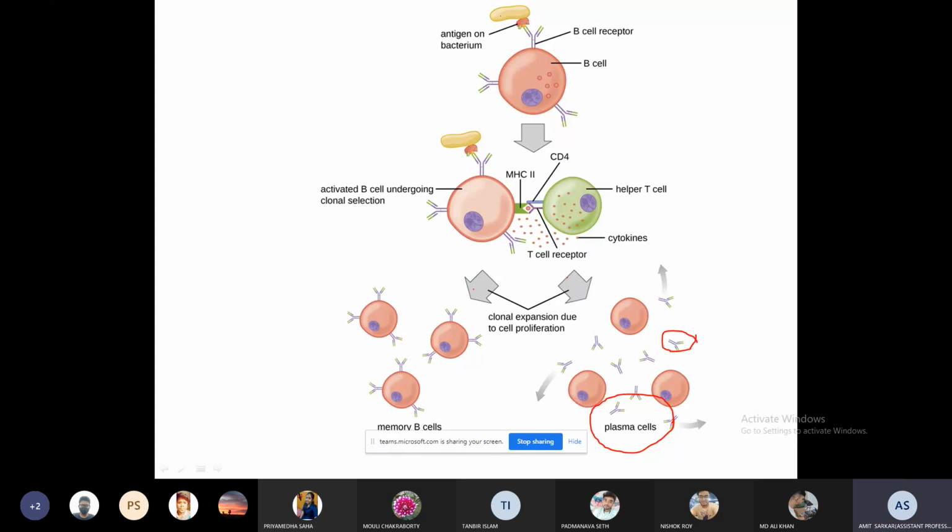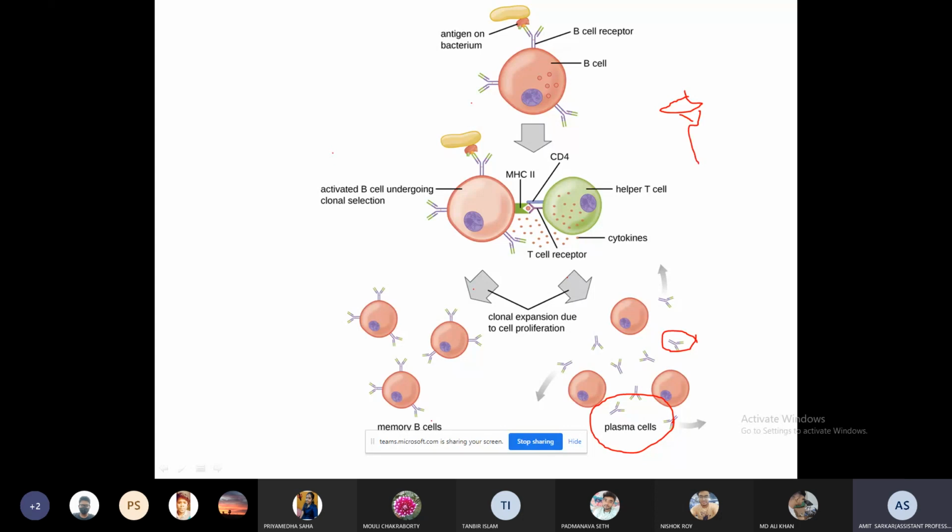If you want to neutralize this bacteria present anywhere in the body, anywhere in the blood or lymph, then you require the same exact antibody. So now these antibodies will start that journey, and anywhere in the system they find this microorganism, they'll be able to successfully bind to it and try to neutralize it. That is the role of the plasma cell.